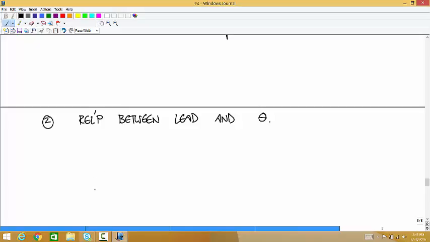Okay, so let me draw a blown up picture of the screw.